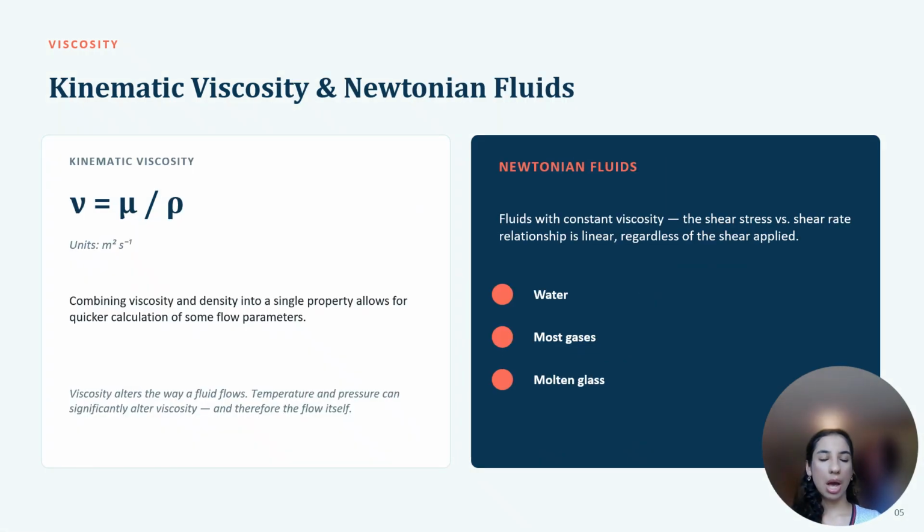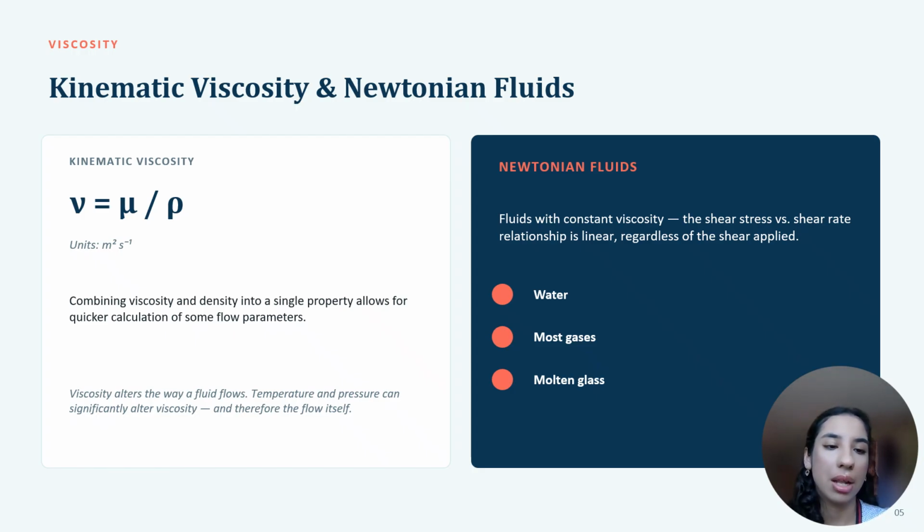So now we have two things, kinematic viscosity and Newtonian viscosity, and this is again where I said assumptions, and how different fluids could be different so we can make our life easier. Now kinematic viscosity is used where we assume viscosity and density are a single property. This is to make our calculations easier for some parameters, okay, so not everything.